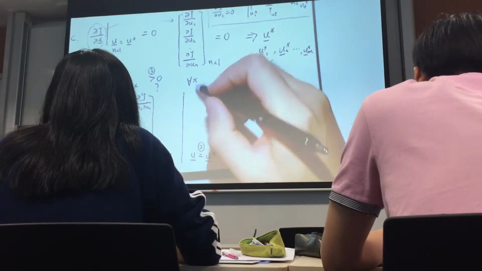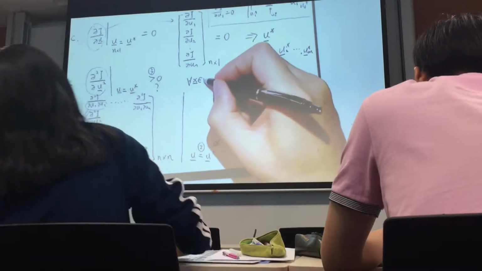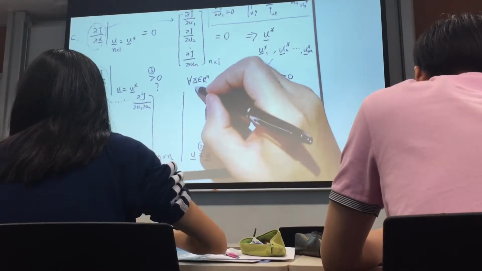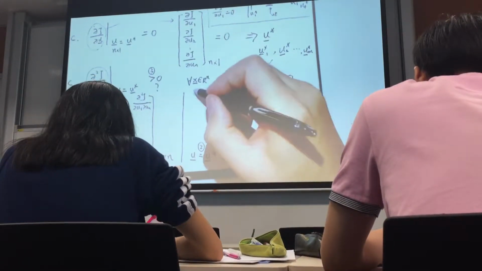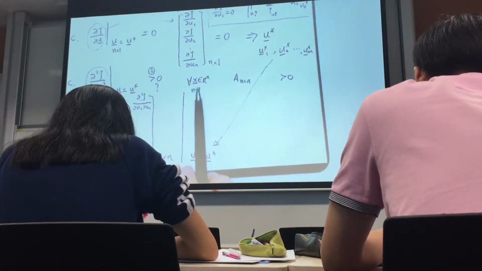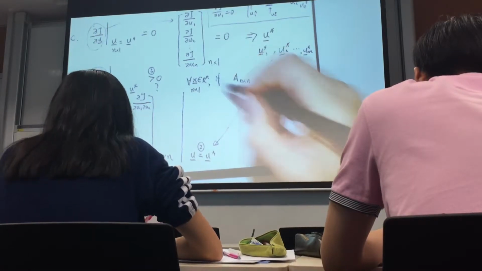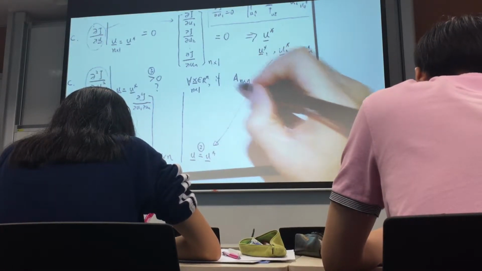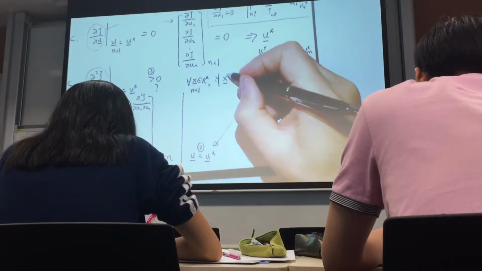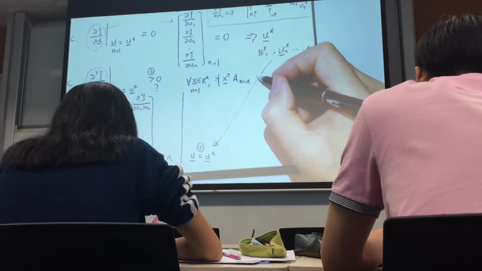vector belonging to R^n, you know this vector is an n by 1 column vector. For any vector, if this condition is satisfied: x transpose multiplied by A and multiplied by x.